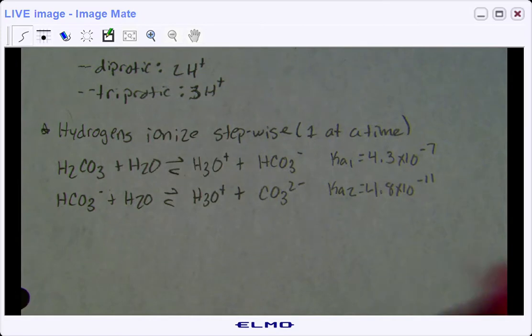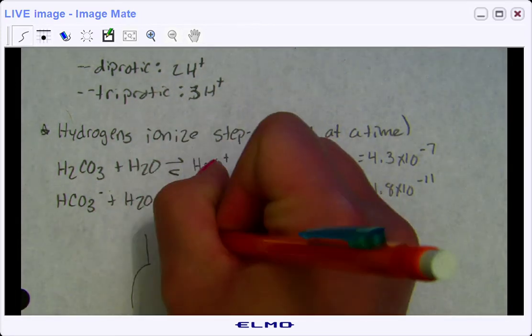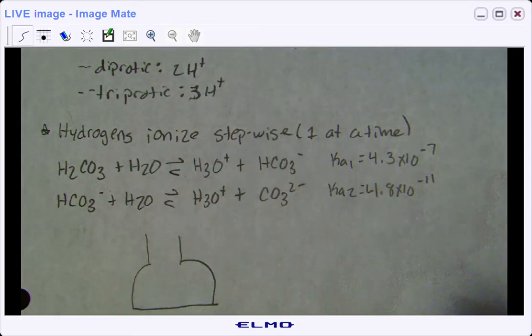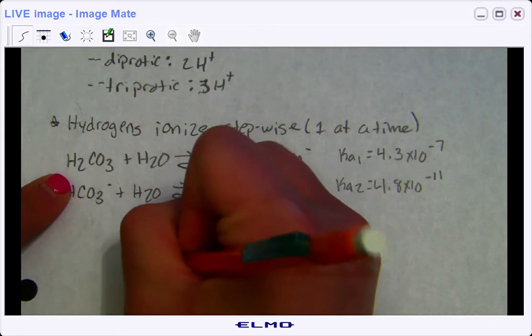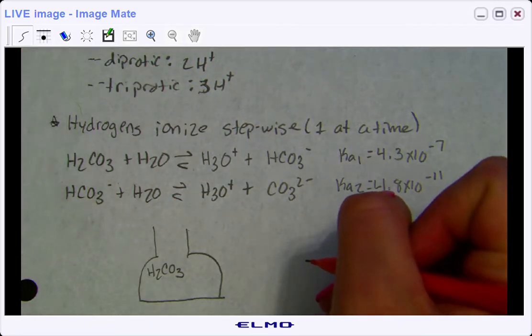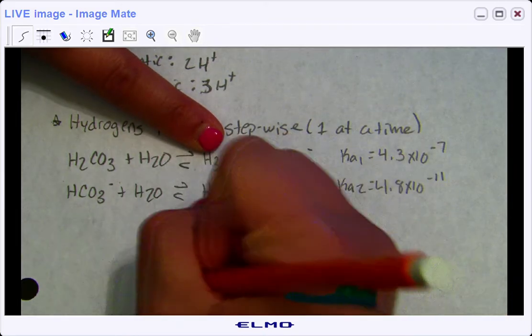So when we have a solution, and if we were to zoom into our solution at the particle level, what we would find is that we do still have some carbonic acid, H2CO3. We have some hydronium ions.